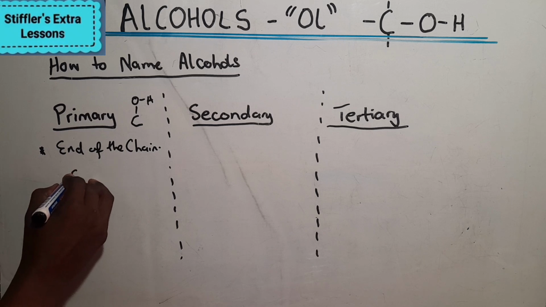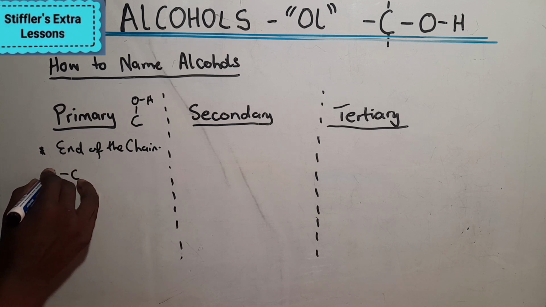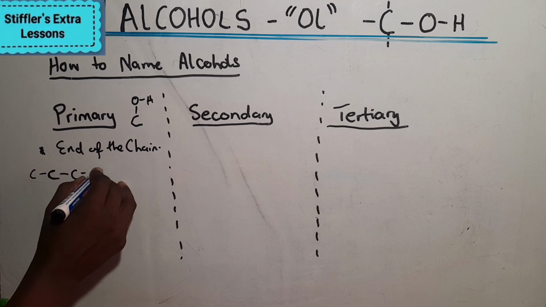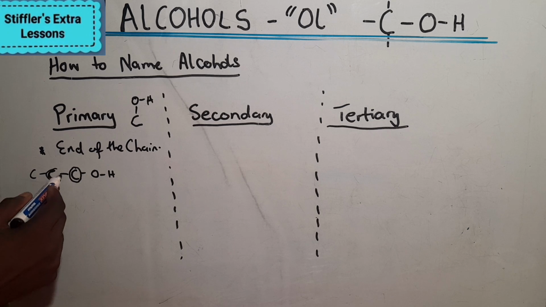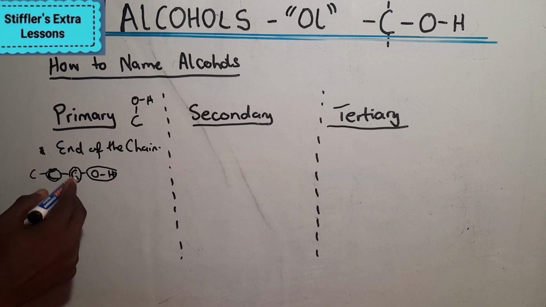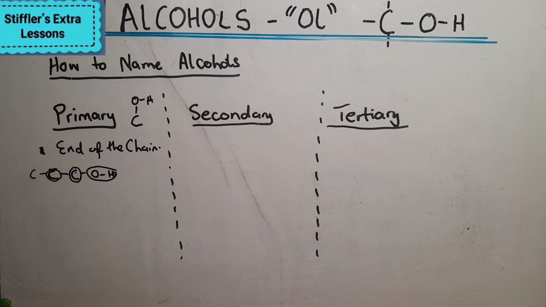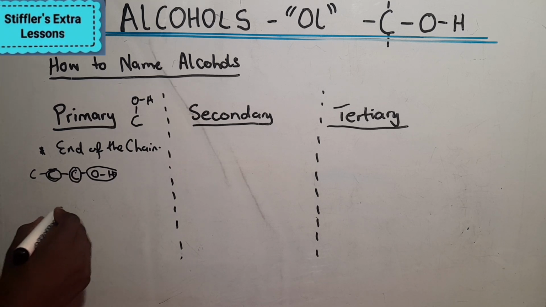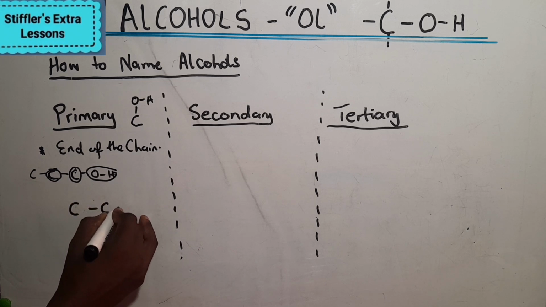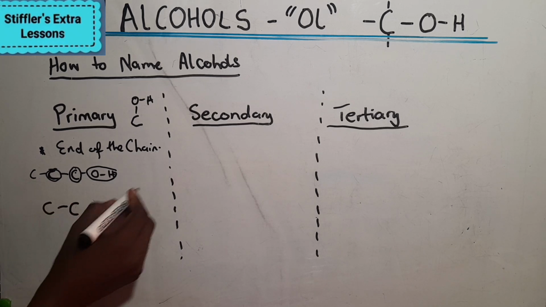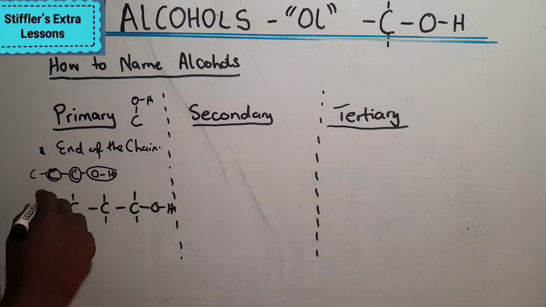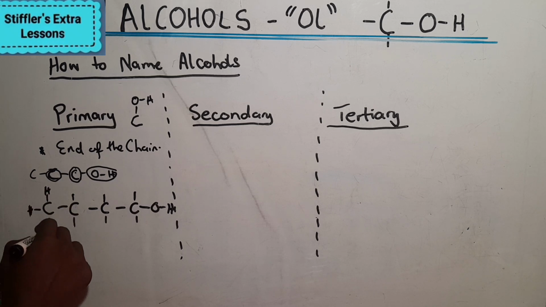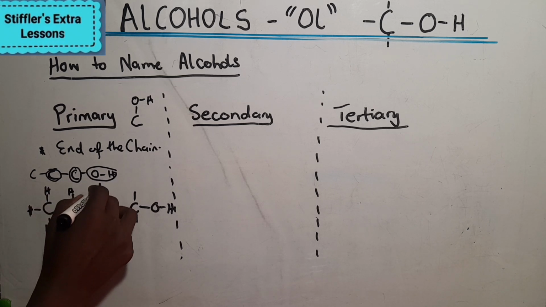So it means that this carbon is only bonded to one other carbon like this. If we have something like this, this carbon here is only bonded to one other carbon. Can you see that? This carbon that is carrying the hydroxyl is only bonded to one other carbon. For example, if we have something like this, this carbon here that is carrying this hydroxyl is only bonded to one other carbon.